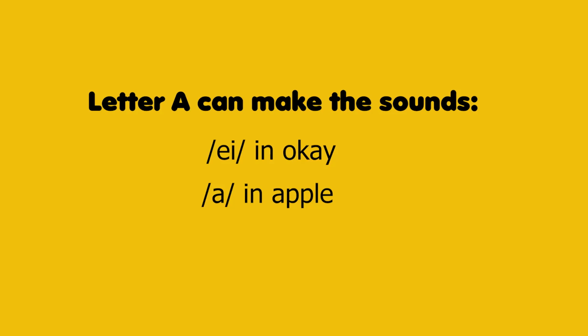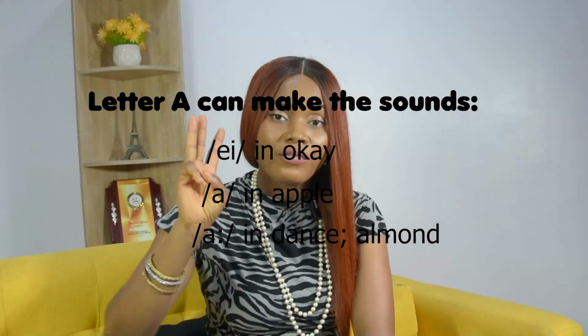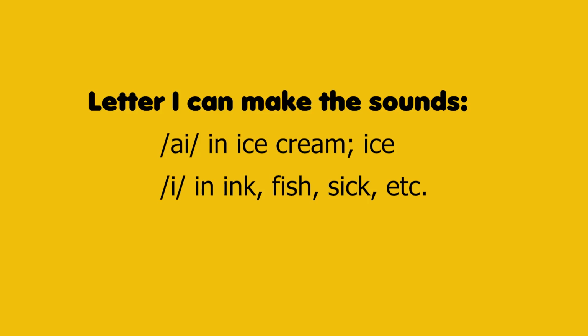It can make the sound R in dance, almond. Yes, 3 sounds already, and there are more. The same applies to some other letters. For instance, letter I can say I in ice cream, ice. It can say I in ink, fish, sick, and other words. See? So different letters make different sounds.